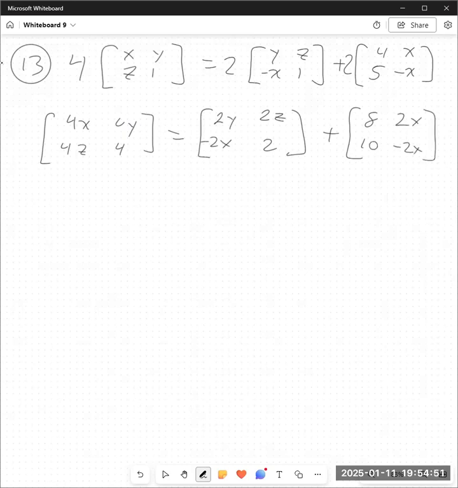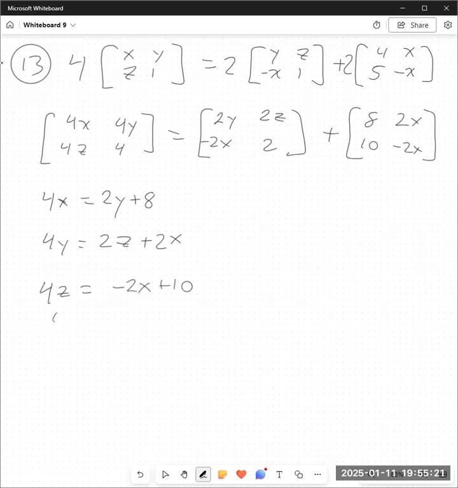So that tells me that 4x is equal to 2y plus 8. Tells me that 4y is equal to 2z plus 2x. Tells me that 4z is equal to negative 2x plus 10.